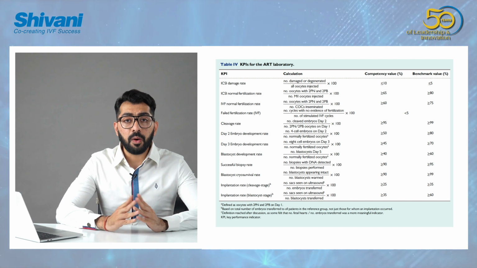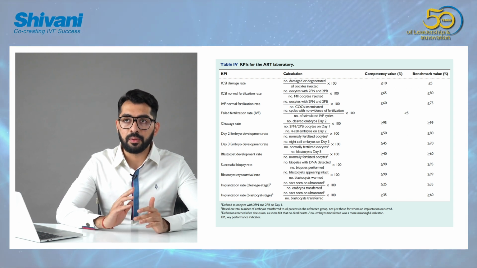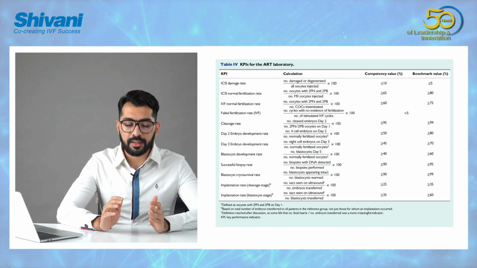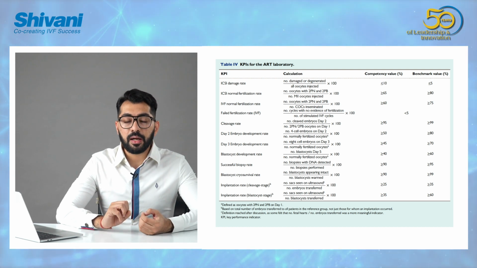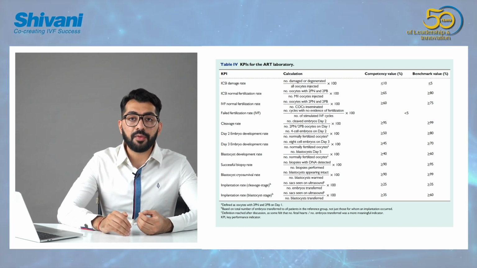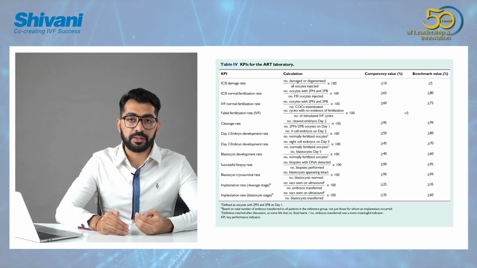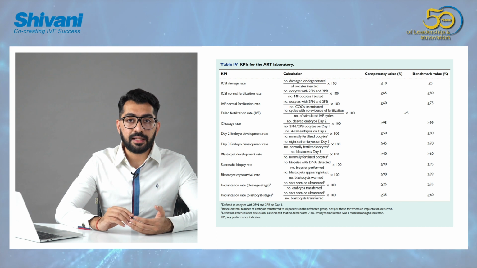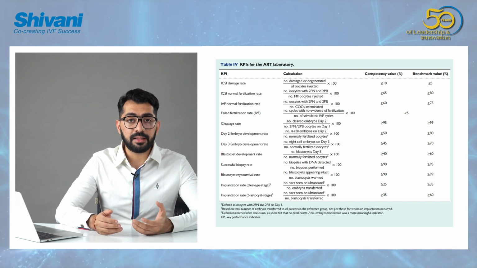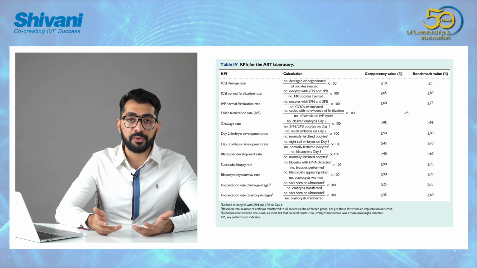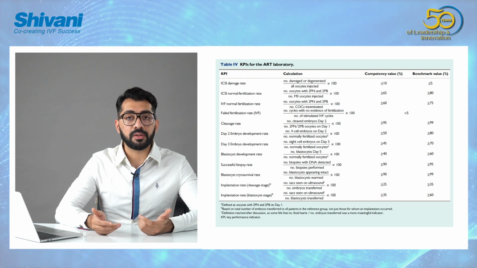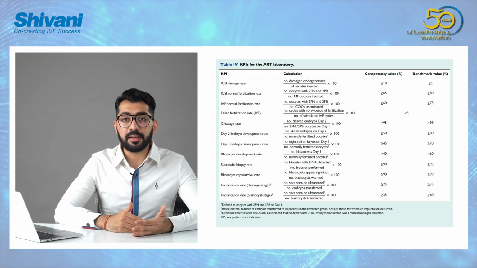Okay, but what happens when this rate goes down? There are certain scenarios that can happen. The first scenario that I want to discuss with you is, let's say you have a high clinical pregnancy rate but a low implantation rate. This basically tells me that you are selecting or transferring more embryos, and that is what is causing a decrease in the implantation rate.